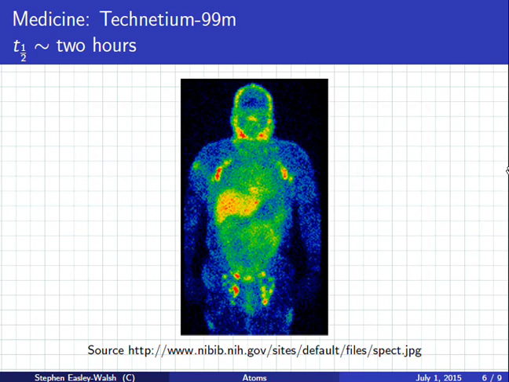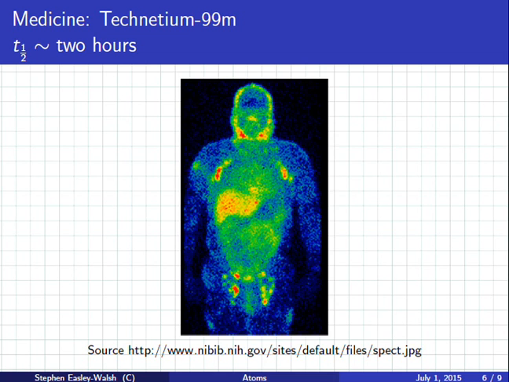Now this one, technetium 99m. These are difficult words. This one is used in hospitals.